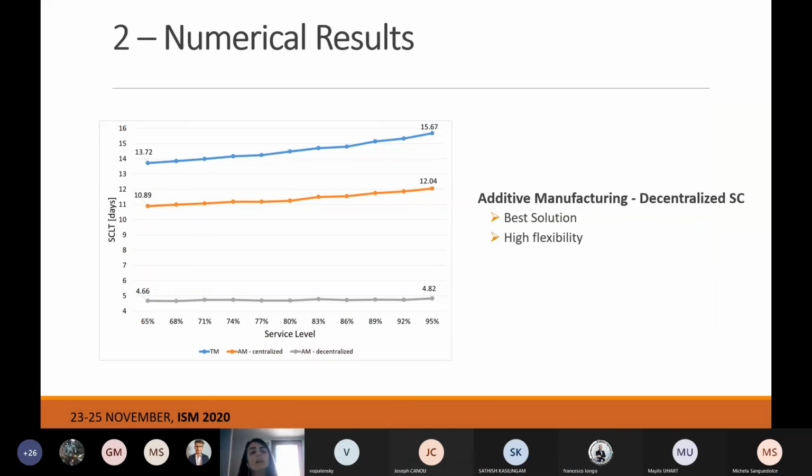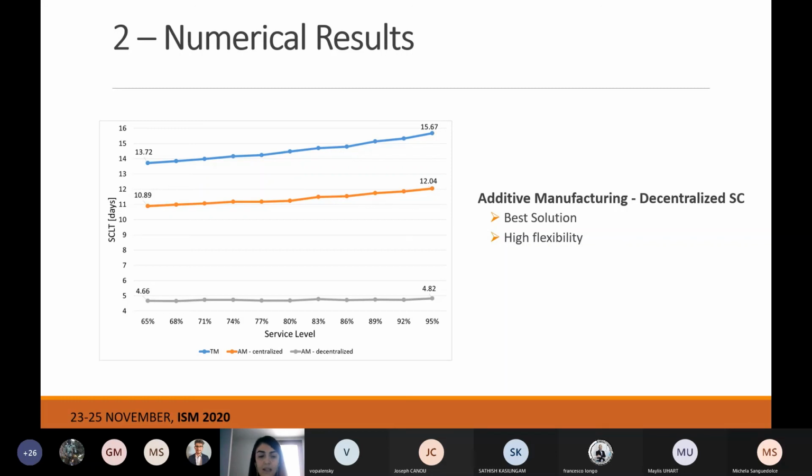Okay, now some results. In this case, I will show an average value considering the 25 applications launched for each configuration. The first graph shows the supply chain lead time trend varying the service level.